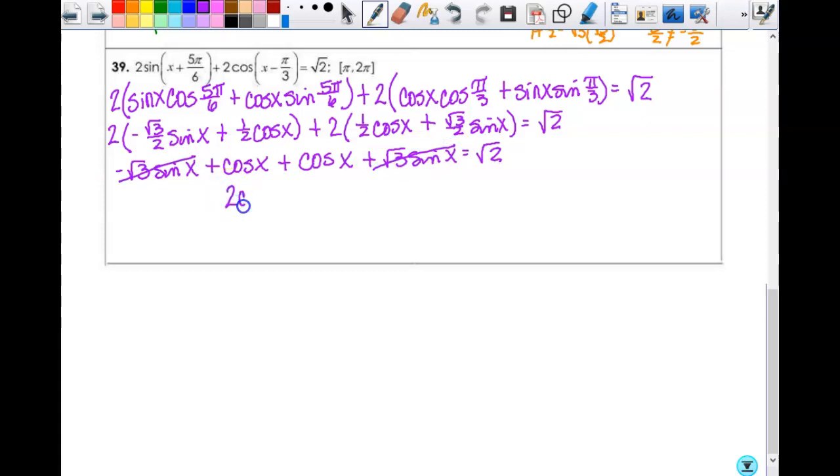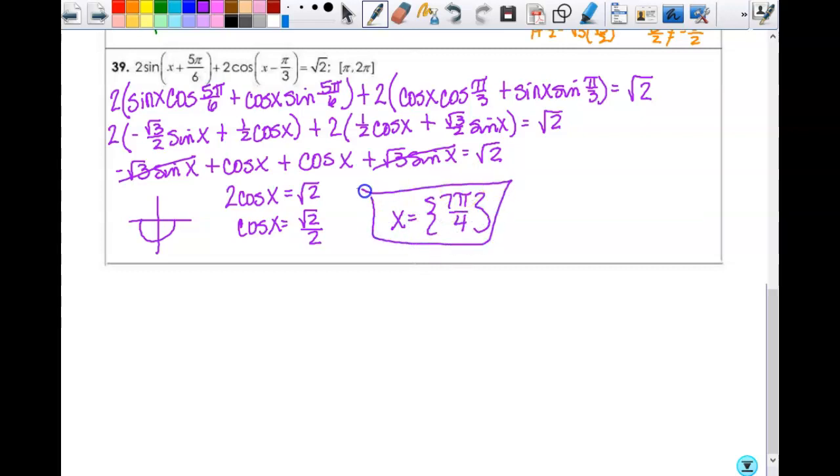This gives me 2 cosine x equals the square root of 2. So cosine x equals square root of 2 over 2. I'm going from pi to 2 pi. So cosine is square root of 2 over 2 at 7 pi fourths. And there you have it.